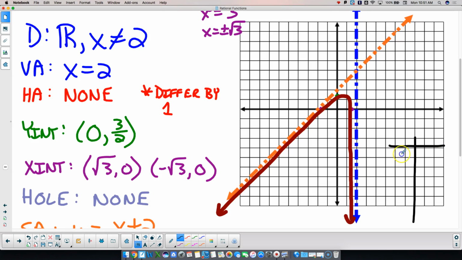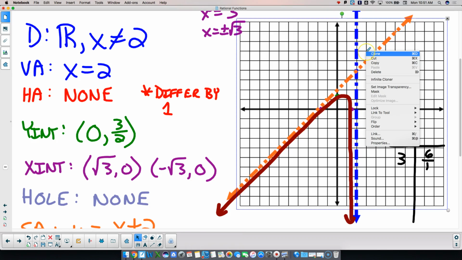So, 3. If I put 3 into my function, 3 squared is 9. 9 minus 3 is 6. 3 minus 2 is 1. So that's 6 over 1. Then 4.